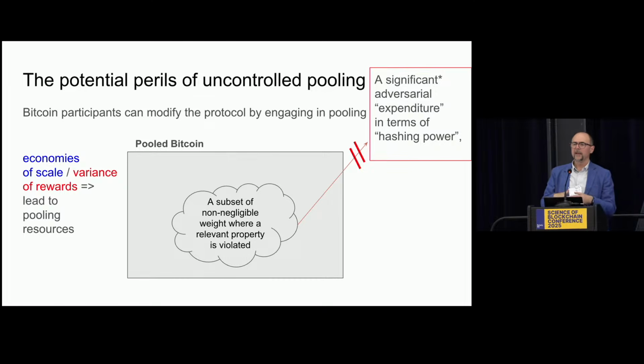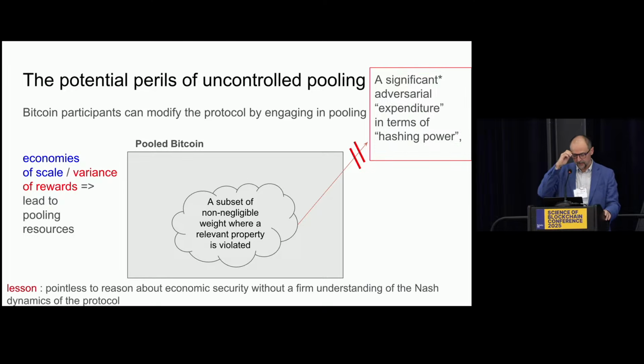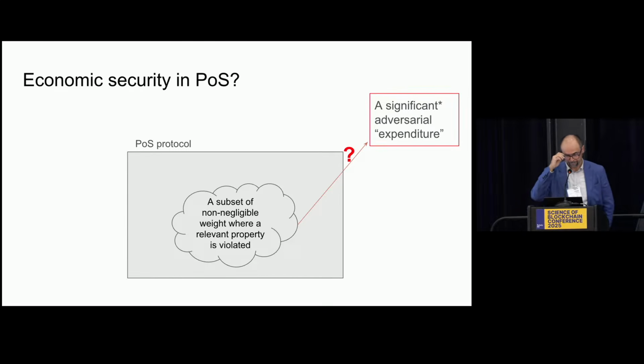The thing is that depending on the pooling protocol that is executed, it's conceivable that an attacker can just target the pool operators alone and then violate a certain protocol property of interest at a fraction of the cost. So the lesson here is that it will be pointless to reason about economic security without a firm understanding of the Nash dynamics of the protocol.